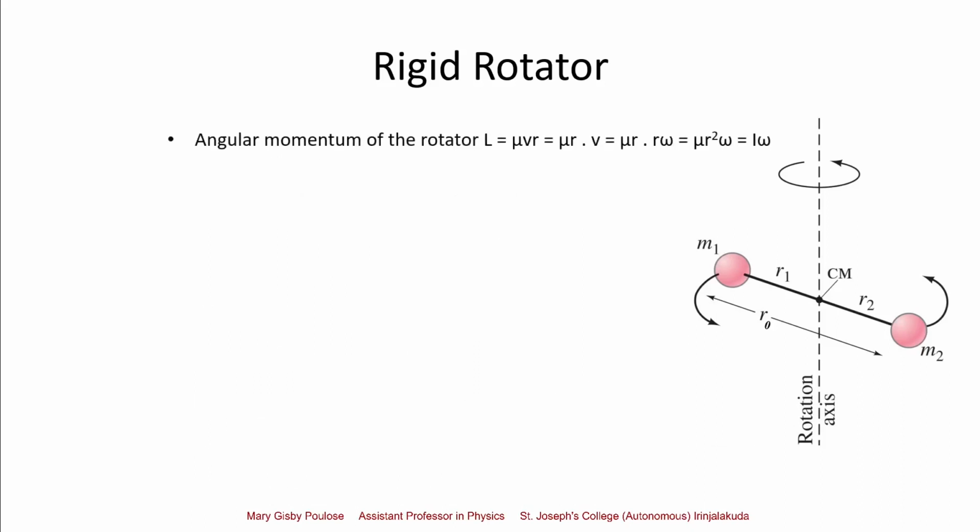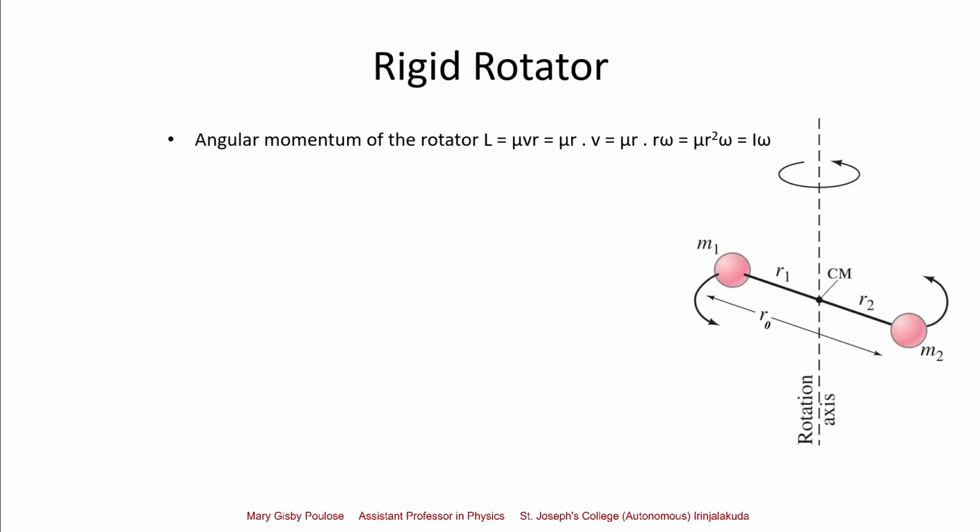Now, when this rotator, this molecule, is rotating, it cannot rotate with all possible values of angular momentum. It will be discrete. The angular momentum of the rotator is L equal to mu v r. Instead of m v r, we have used the expression of reduced mass, mu, instead of m.